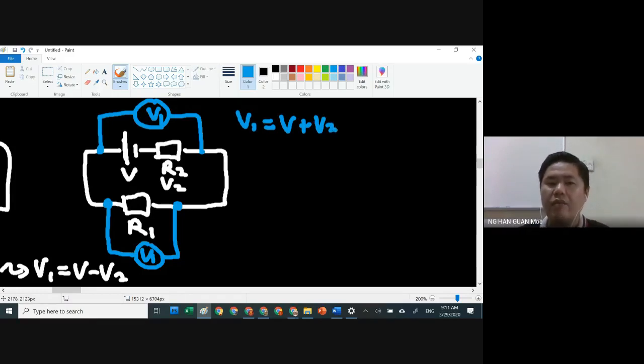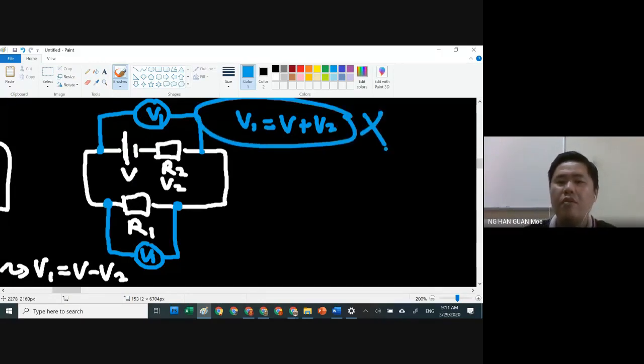You may think like that because it covers one. But you're wrong, because in this circuit the only effective, or only the highest value, is this V. So it cannot be V plus V2 equal to V1.